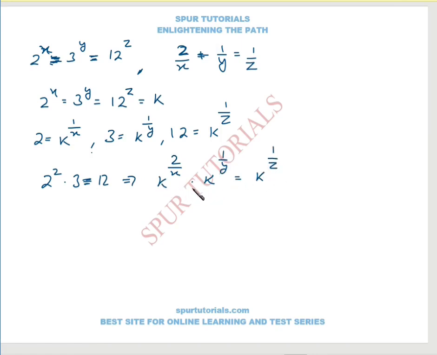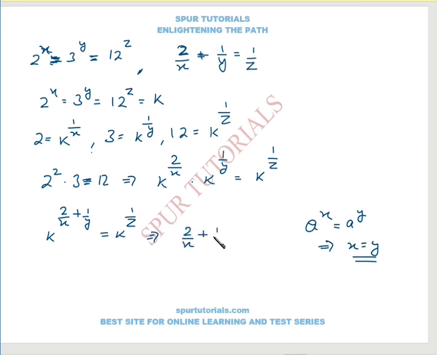And in multiplication we can add powers. So this is k raised to power 2 by x plus 1 by y is equal to k raised to power 1 by z. And using the property a raised to power x is equal to a raised to power y implies x is equal to y, this gives 2 by x plus 1 by y equals 1 by z.